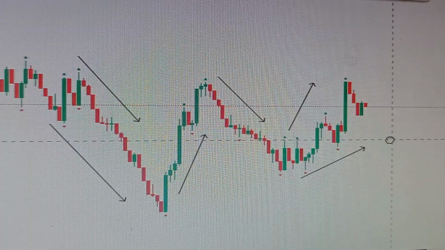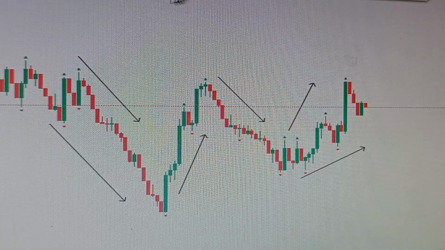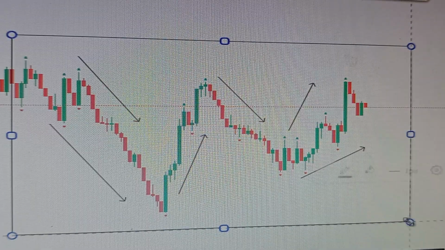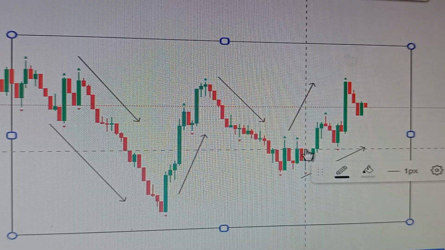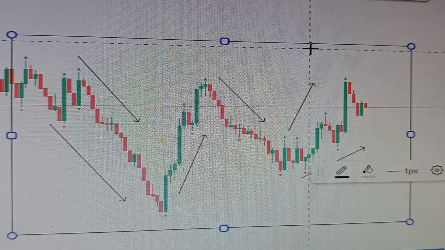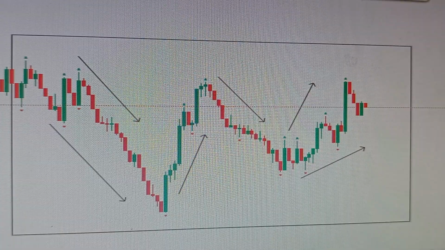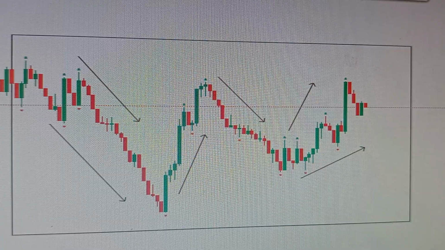So these are the things that you need to understand. We're going to discuss a lot of things about what is happening there. We talked about order blocks. We talked about other confluences that manipulate our price.